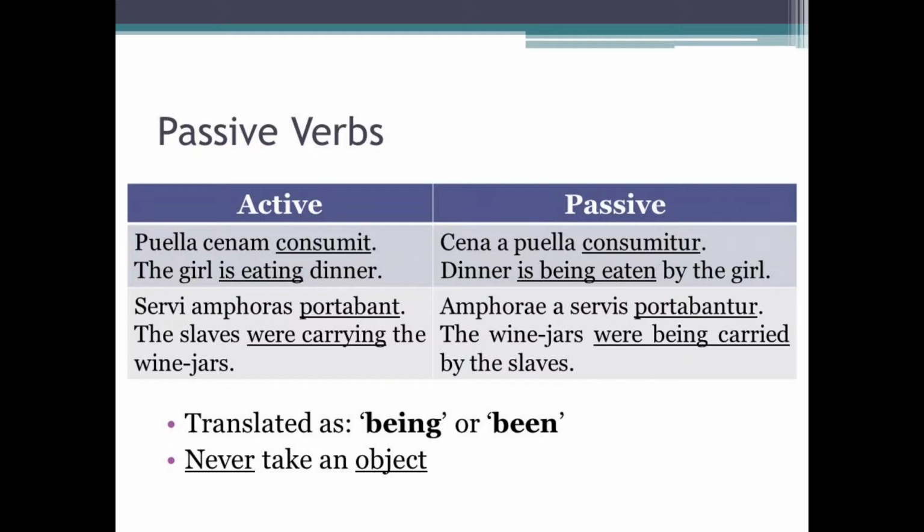Now, we're meeting verbs in the passive form, which are often translated with the words "been" or "being". And passive verbs can never take an object. For example, consumitur, he, she, or it is being eaten, and portabantur, they were being carried.